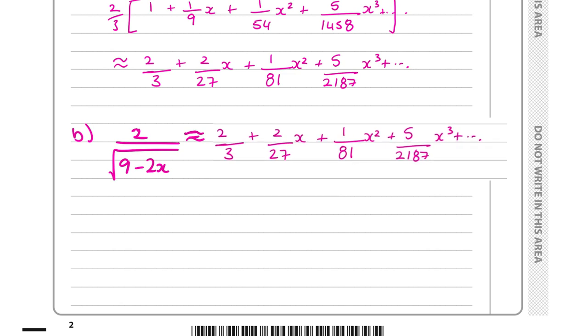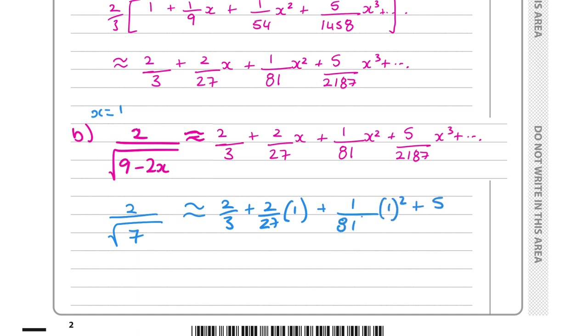So now, if I want to find a solution to root 7, and they're saying use x equals 1. So what do I have? I have 2 over the square root of 9 minus 2, which is 7. So I have 2 over root 7 is approximately 2 over 3 plus 2 over 27 lots of 1 plus 1 over 81 lots of 1 squared plus 5 over 2187 lots of 1 cubed.